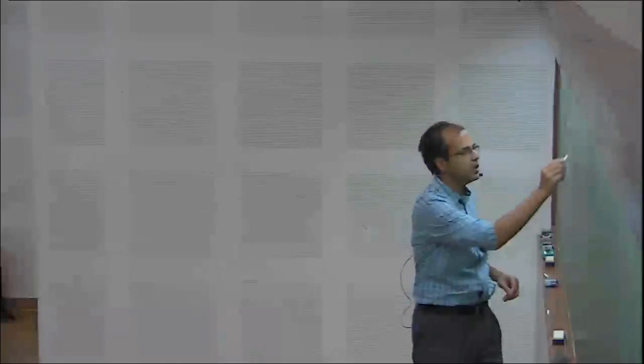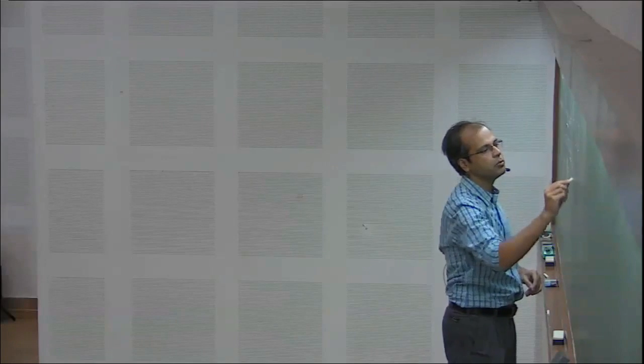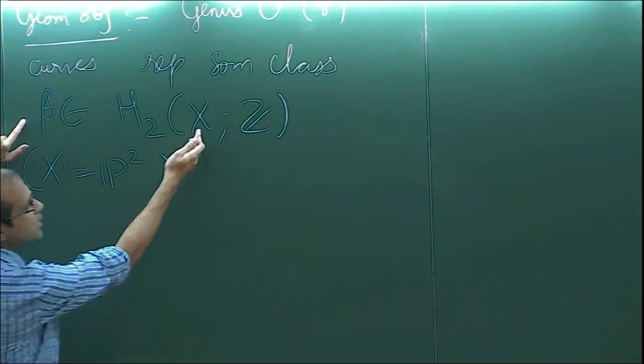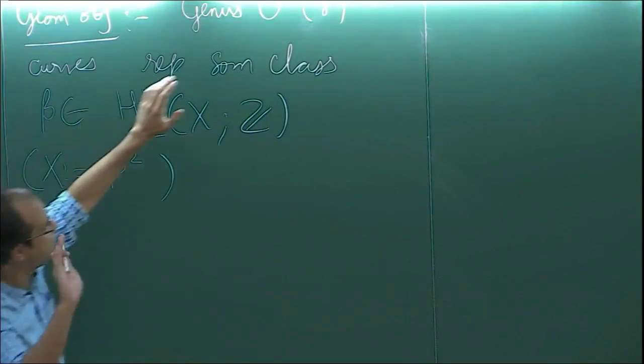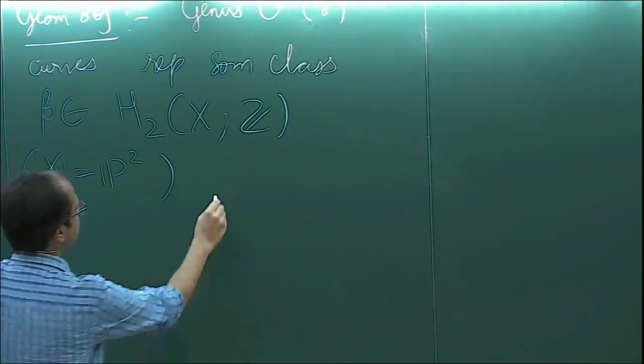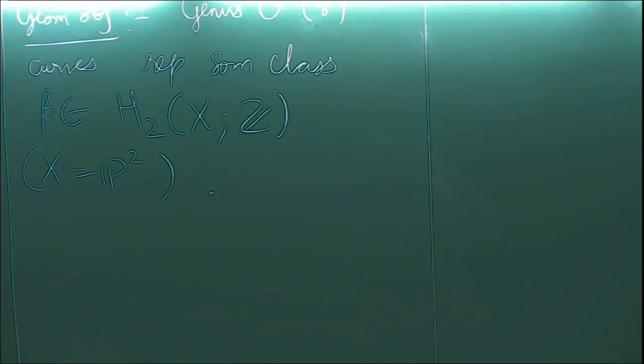For simplicity, to begin with, we'll take X to be CP2, and our homology class will be some D times the homology class of a line. But later on, I'll change this X, and much later I'll change the genus. But right now, let's say my geometric objects are going to be degree D curves in P2. These are my geometric objects.